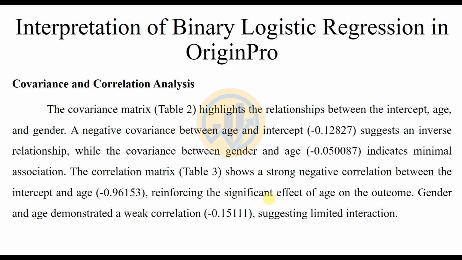The correlation matrix in Table 3 shows a strong negative correlation between the intercept and age, minus 0.96153, reinforcing the significant effect of age on the outcome. Gender and age demonstrated a weak correlation, minus 0.15111, suggesting limited interaction.